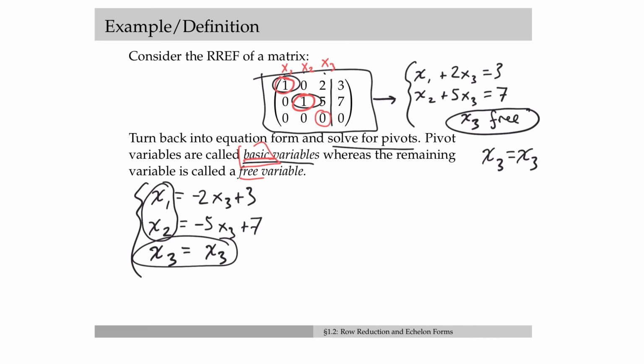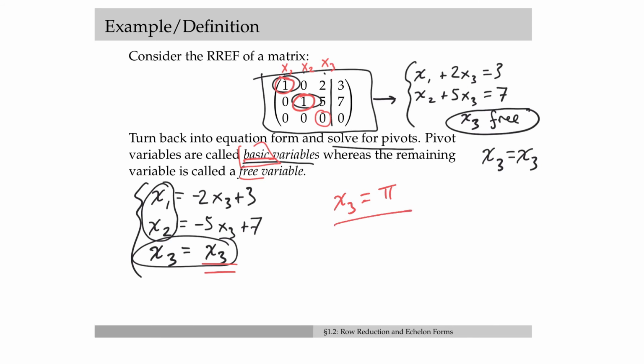Now, thinking what this all means, there's a dependence relation between x1, x2, and x3. Since x3 is free, it can be any value we desire. So I could take x3 to be, say, pi.